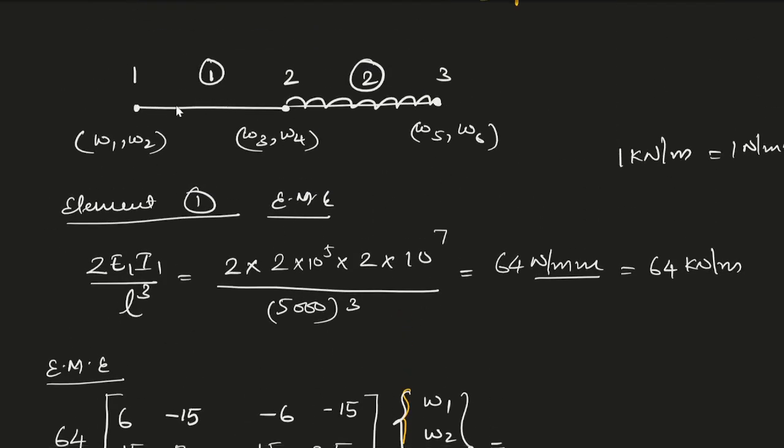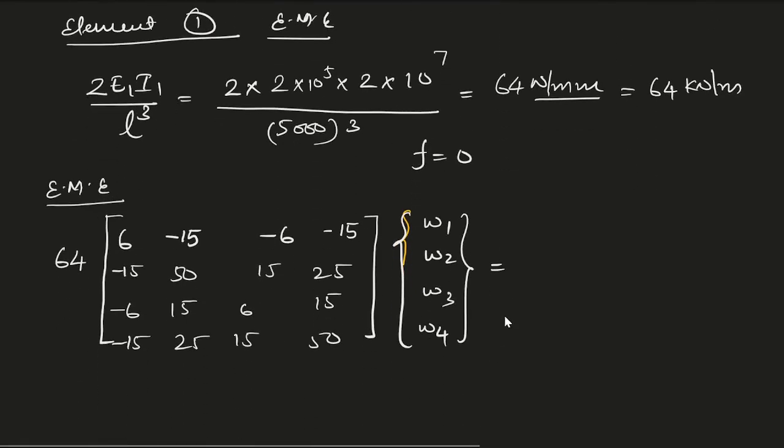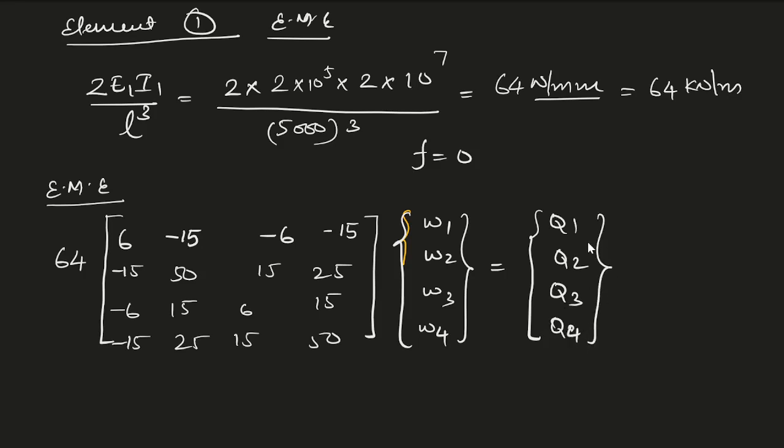In the first element, we don't have any UDL load, so F will become 0 and the UDL term will become 0. So we have only the force terms, Q1, Q2, Q3 and Q4, the bending moment and shear force.